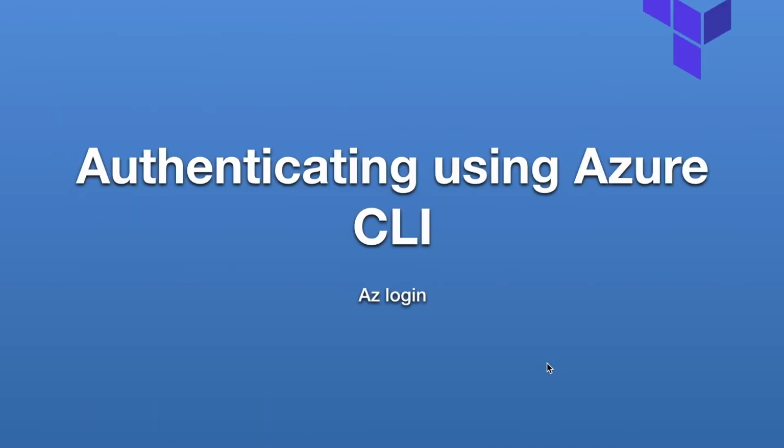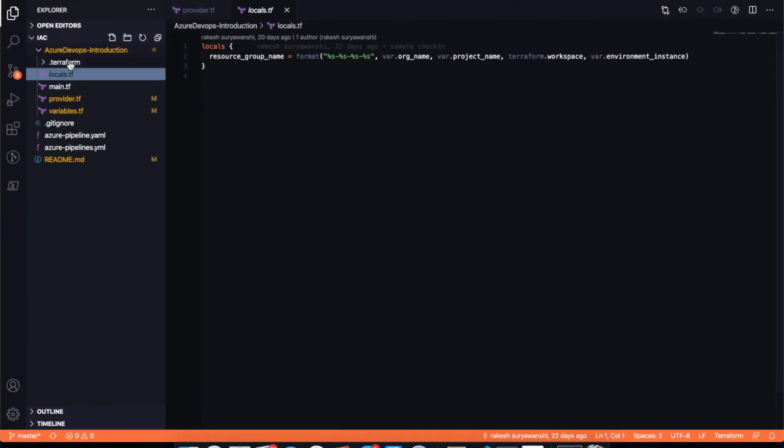Let's look at the first one, which is Azure CLI. This one you are going to use when you are running Terraform on your local machine. This is the code which I'm using throughout all my series videos. In this, you can see I have one locale, which is just defining some local variables.